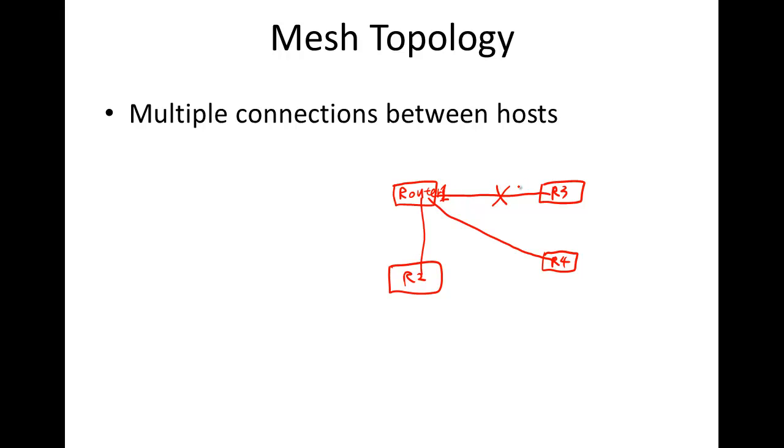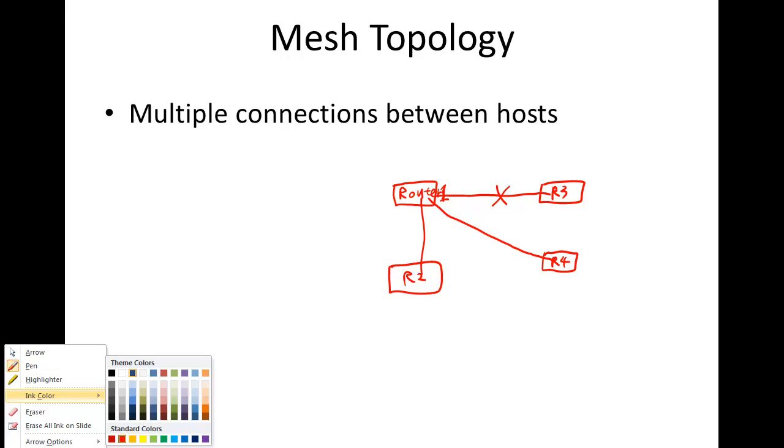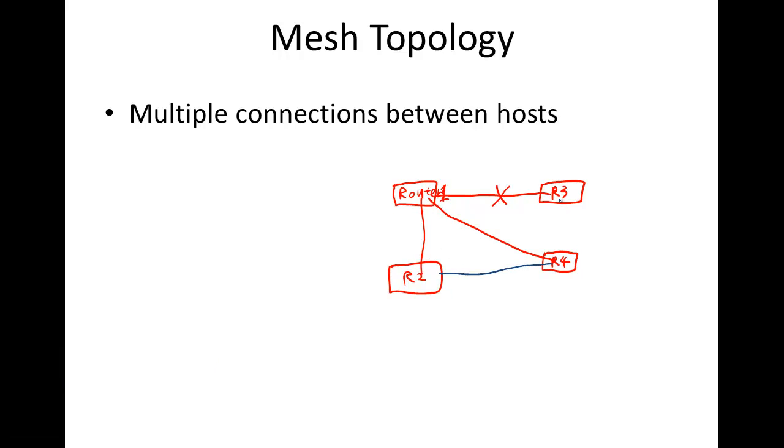So to give an example, let's say this connection failed. In this topology right now, there's no way you can get to router 3 because there was only one connection. However, if you had these other connections like this, even if this connection fails, you can still go to router 4 and then eventually go back to router 3.